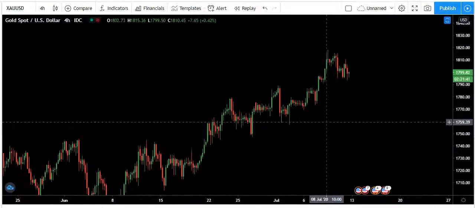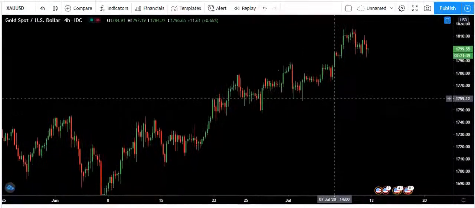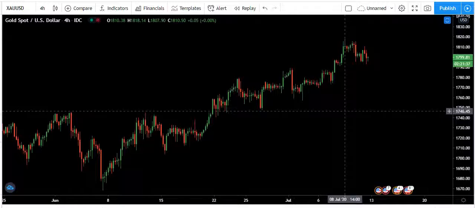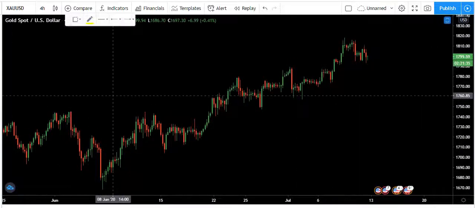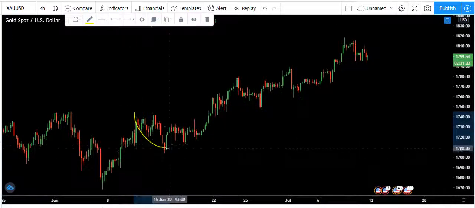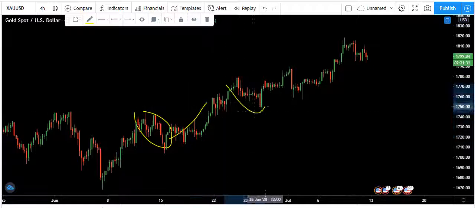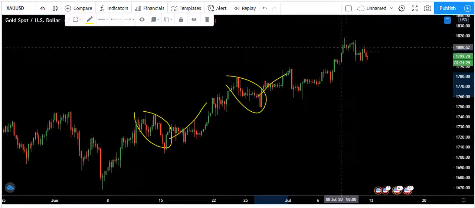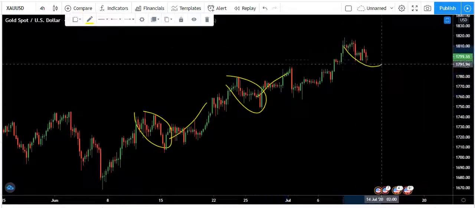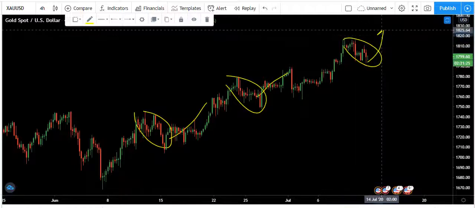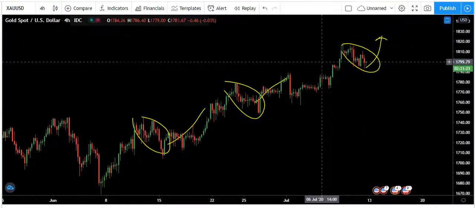Now if we look at this, the first possibility we can see is similar to what we have here: a correction, price moves up, correction, price moves up. The first possibility is that this is a correction for the next move up. That means the price from here can go up.